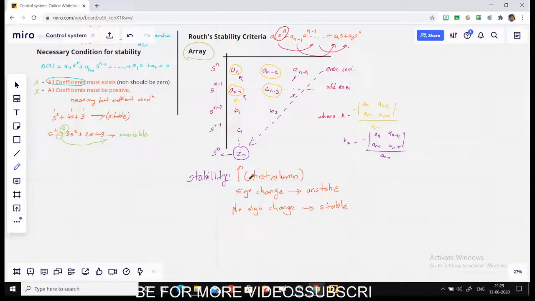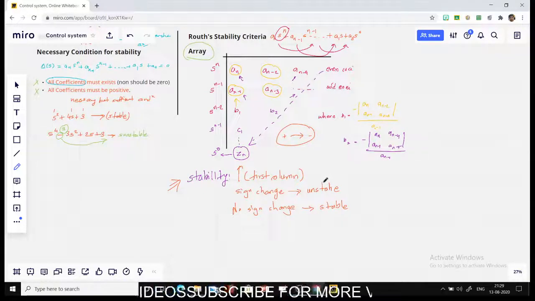This is how you can predict stability using Routh's stability criteria. So first we have to create this array, then we have to check whether there is a sign change. A sign change is basically from plus to minus. So we need to find whether this sign change is there or not, and if there is a sign change, the system is going to be unstable. If there is no sign change, the system is going to be stable. That is how we can comment on stability using Routh's array.